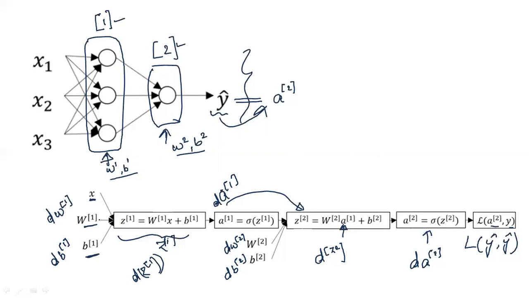Okay, I need to find the value of all these derivatives or gradients, and then after this I would be updating my parameters. So after finding the gradients I would be updating my parameters.